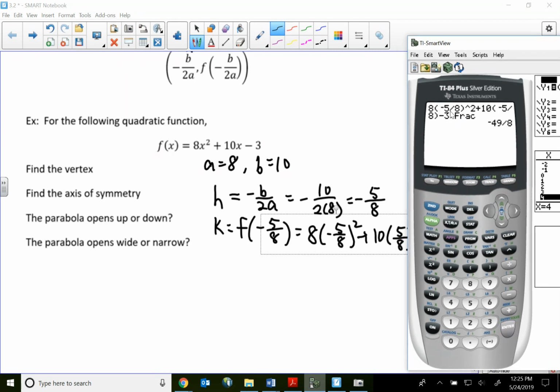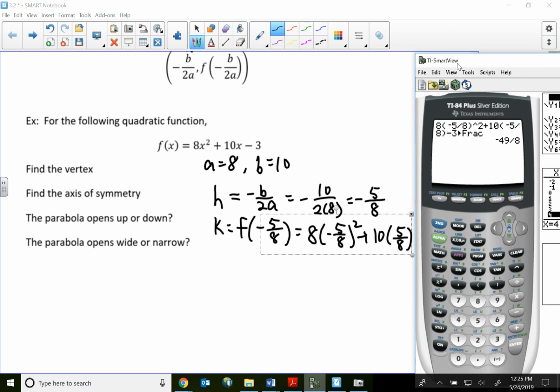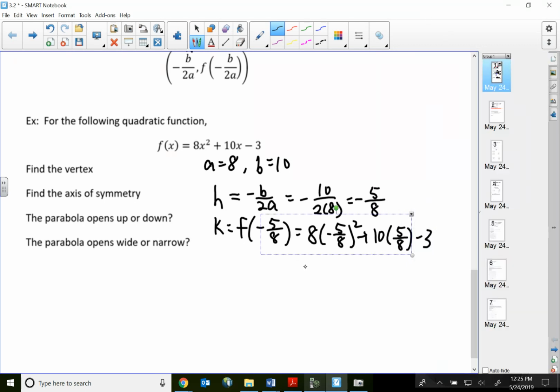Okay, 8 times negative 5 over 8 whole thing squared plus 10 times negative 5 over 8 and minus 3. All right, negative 49 over 8. So this is a negative. All right, so my vertex is negative 5/8, comma, negative 49 over 8.